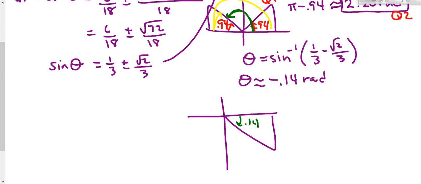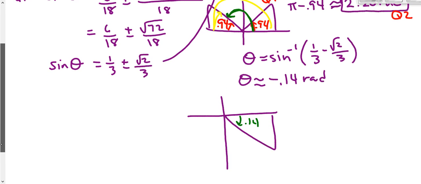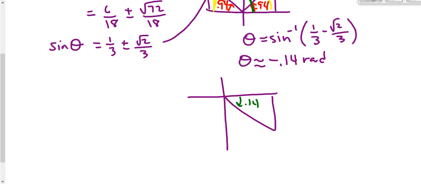So first of all, we have to give an answer that falls between 0 and 2 pi. So just like we did with the last problem, we're going to add 2 pi radians to that to get it back between 0 and 2 pi, and it would be coterminal with this answer. So when we add 2 pi to negative 0.14, we get 6.14. And that's our quadrant 4 answer.